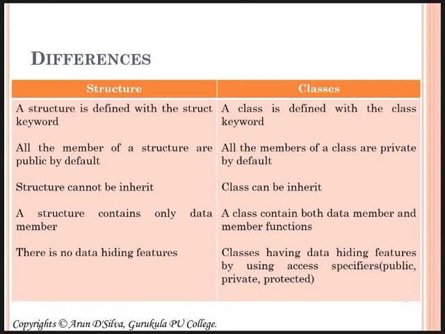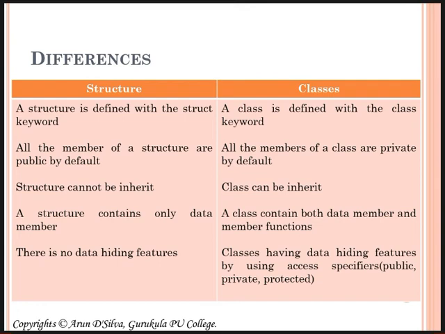Even though we use three access specifiers, in a class the members are by default private. A structure cannot be inherited, we cannot access the items of another structure, but a class can be inherited. When deriving a new class, we can inherit from the existing one.